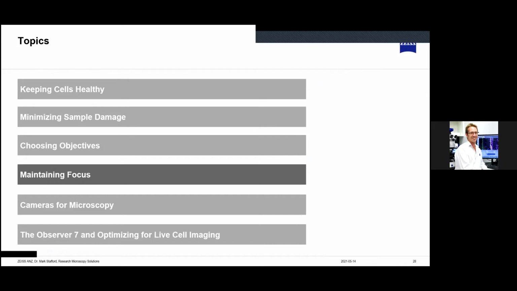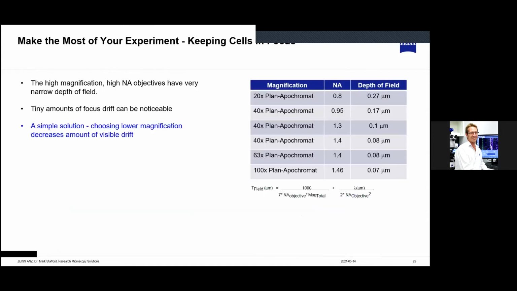Maintaining focus, of course, is difficult over long-term time-lapse experiments. It's something also to consider. On a simple side, if you look at high magnification objectives, they have a very narrow depth of field, so you'll see focus drift quite quickly and quite easily. You'll notice that very easily. A simple solution is you can choose a lower magnification, which would decrease that visible drift.